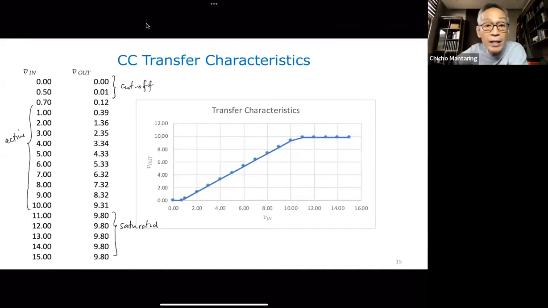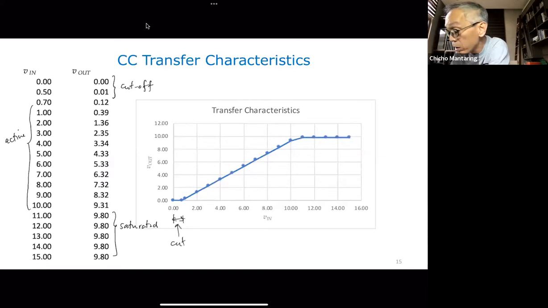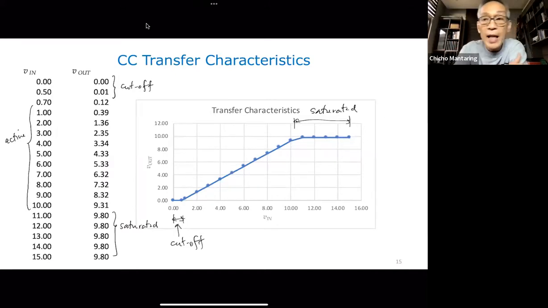Examining the graph, we know now that this is cut off, and this is now saturated. Examining the graph, what is the gain? Can you tell me approximately what the gain is?